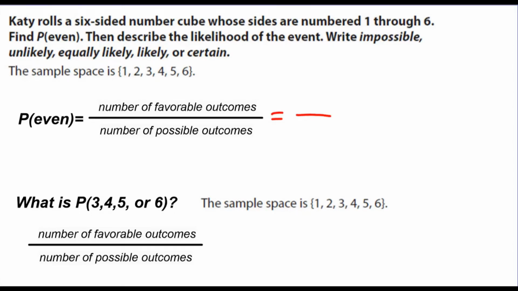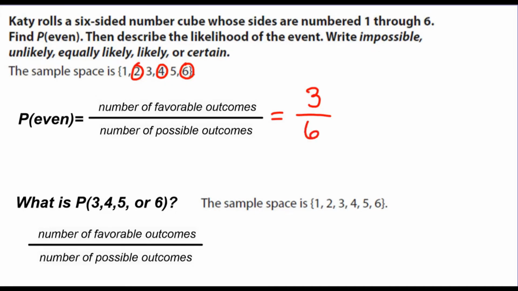So looking at the sample space, how many of these outcomes are favorable to us? How many of them are what we want? How many of these are even? Well, 2, 4, and 6 are even numbers, so there are 3 favorable outcomes. And again, there are how many total possible outcomes?